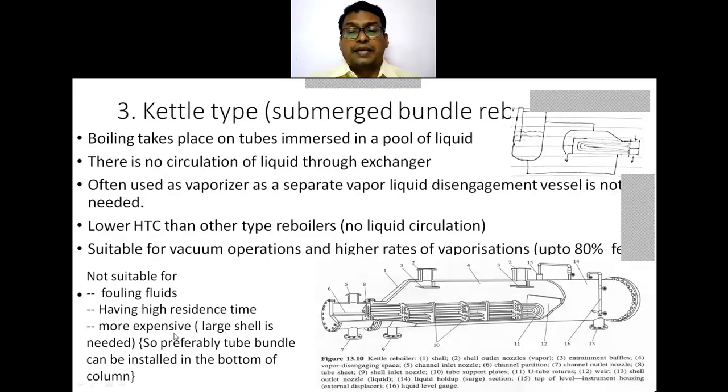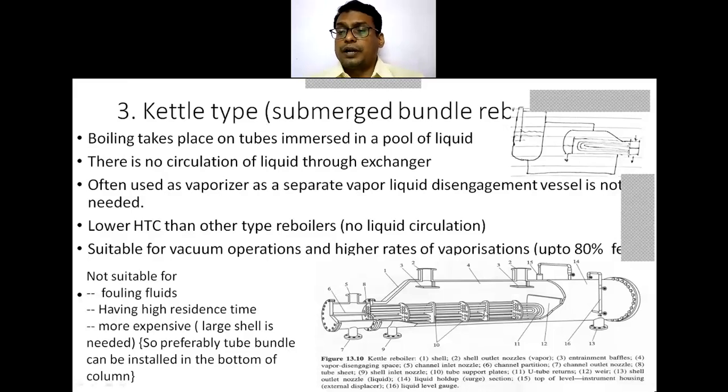Then it is more expensive because a larger space is provided for the shell. So this extra cost of the large shell is for the disengagement of the vapors, and so preferably the tube bundle can be installed in the bottom of the column directly.